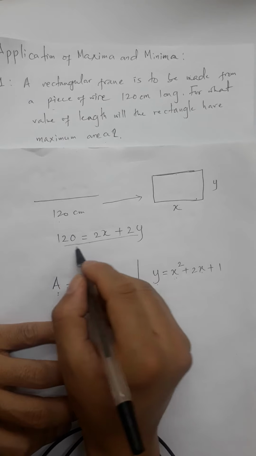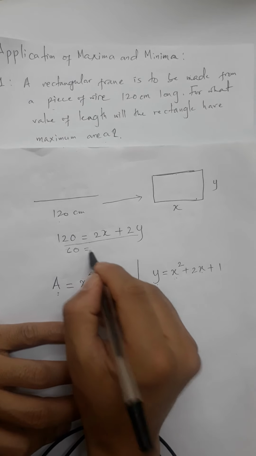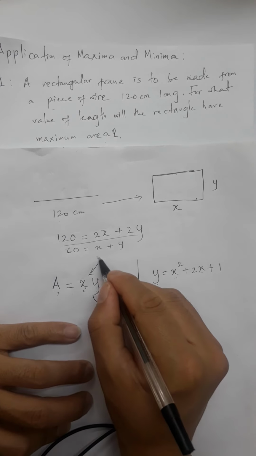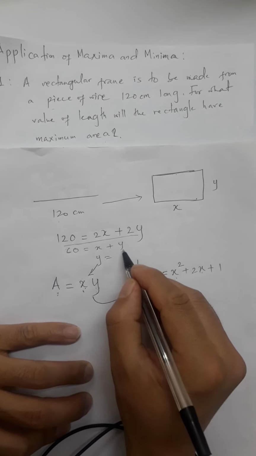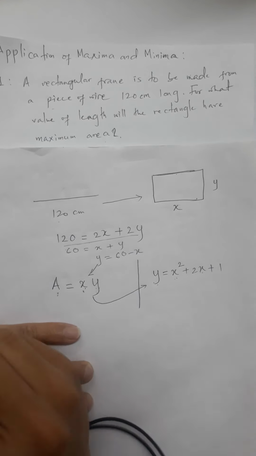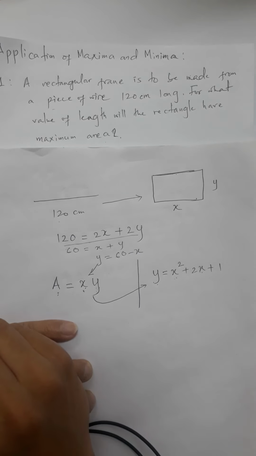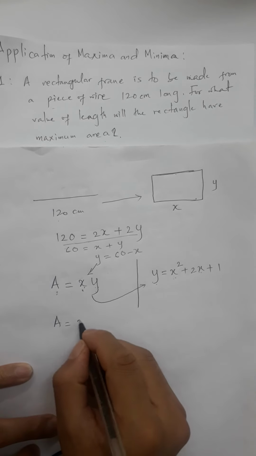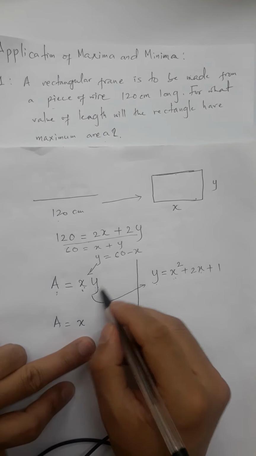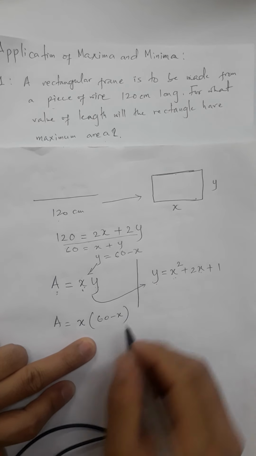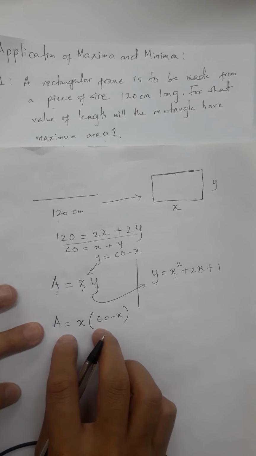I can divide both sides by 2, so it becomes 60 equals x plus y, and y is going to be equal to 60 minus x. You take this x to that side. So therefore your area is going to be x times, this y I can express as 60 minus x.